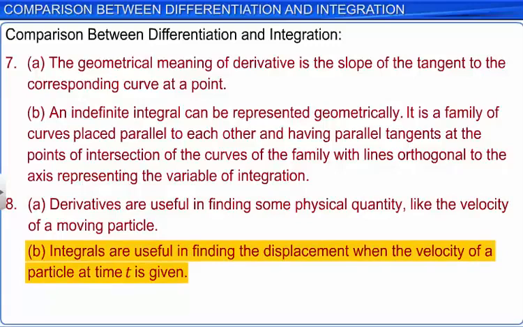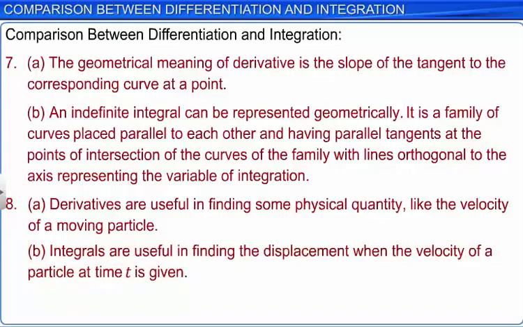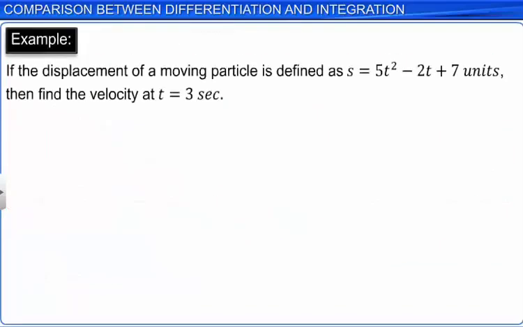For example, if the displacement of a moving particle is defined as s is equal to 5t squared minus 2t plus 7 units, then let's find its velocity at t is equal to 3 seconds. Consider the given function.